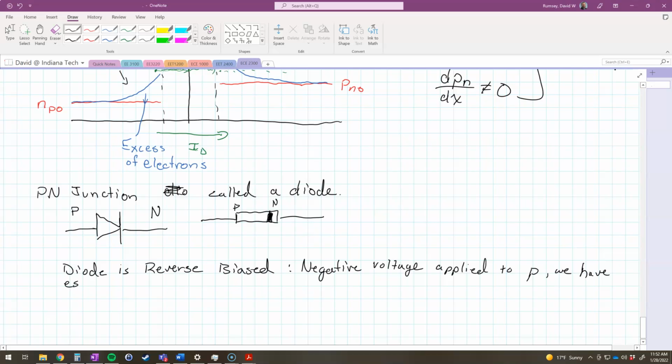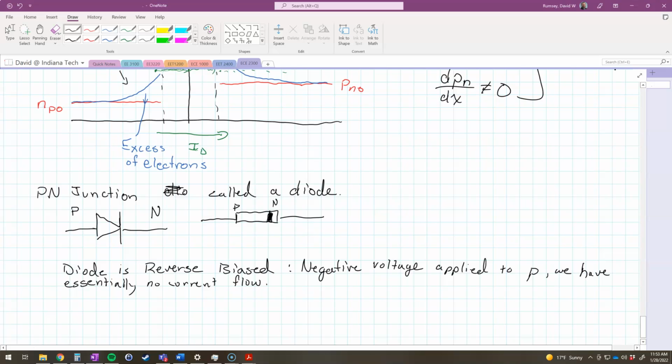And I'm going to actually say essentially no current flow. Technically it's not zero, but you'll see in the next class period that it's basically zero.